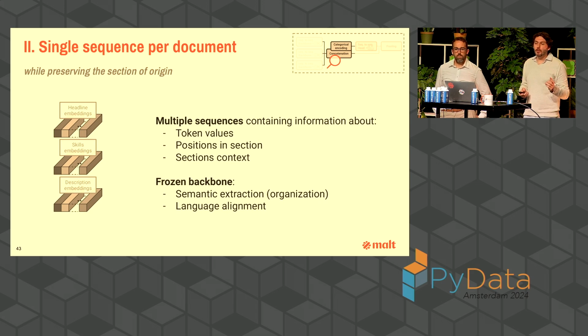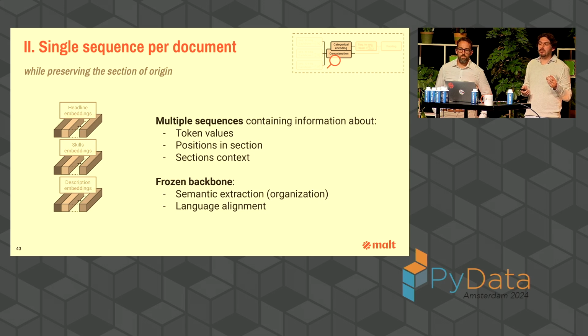So after this first step, just before the second step, we have multiple sequences of token embeddings, where each token embedding contains the semantic content, which is language aligned because we keep the backbone frozen, but also a bit of information about the position of the token in the sequence, and, due to the attention mechanism, some of the section context.